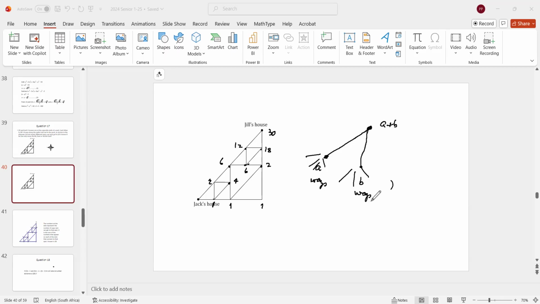I don't know if this is correct, but 4 plus 2 is 6. Here, there's only one way. All right, so my answer is 30. And let's hope that it is 30.